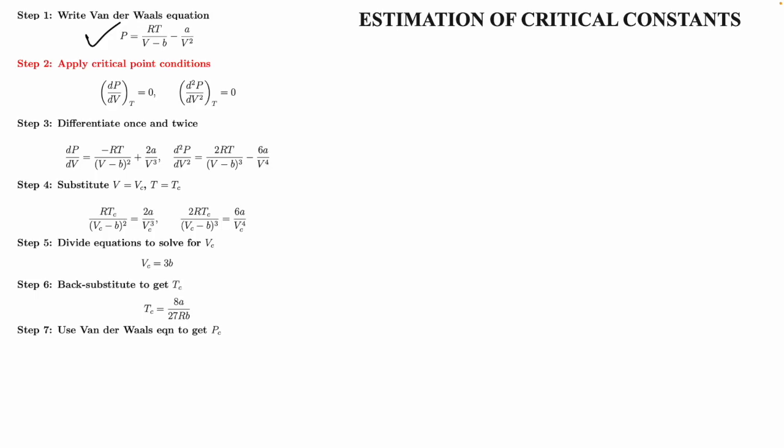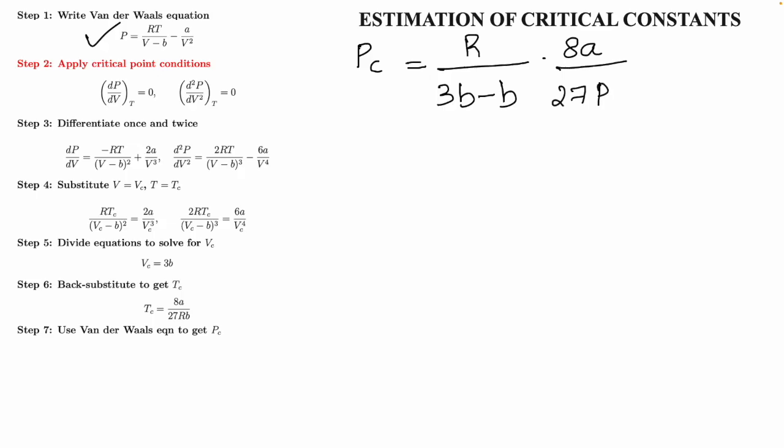Now we know the expression for Tc and Vc. Just substitute it. Then we get Pc is equal to R by (Vc is 3B minus B) into Tc, which is 8A by 27RB, minus, A is just a constant, and here V is equal to 3B the whole square.